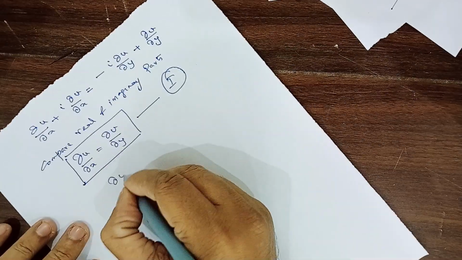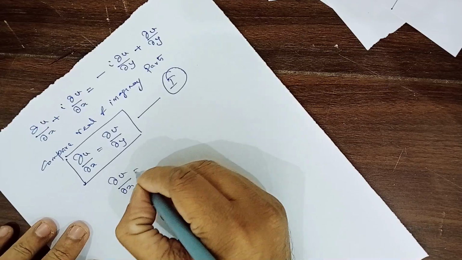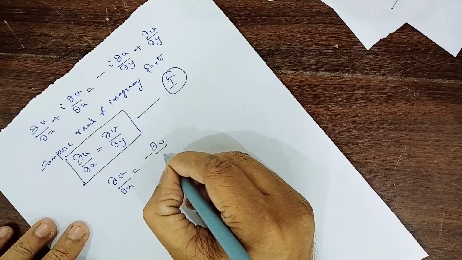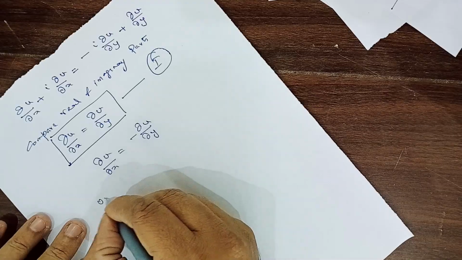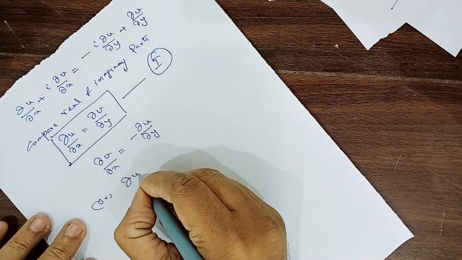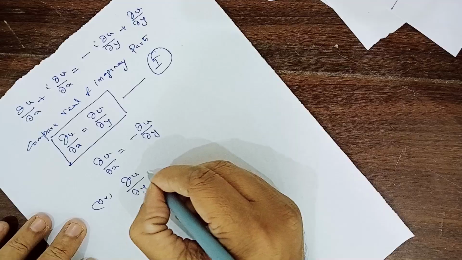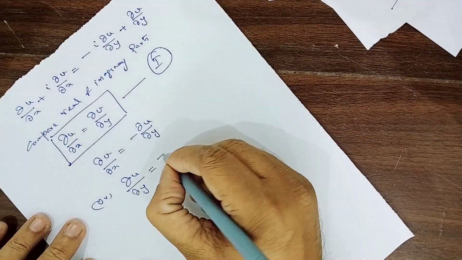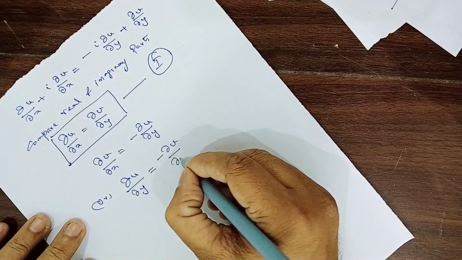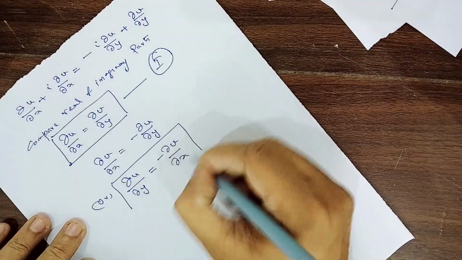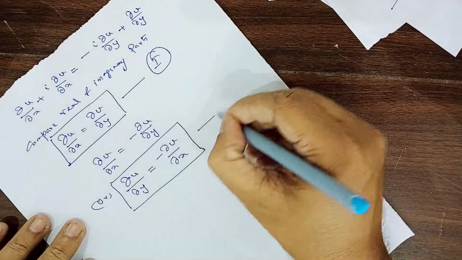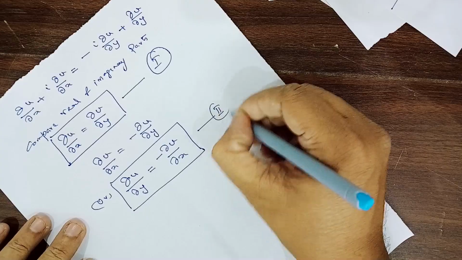Then dou v by dou x is equal to minus dou u by dou y, or dou u by dou y is equal to minus dou v by dou x. This is another equation we are getting. So this is equation number 2.